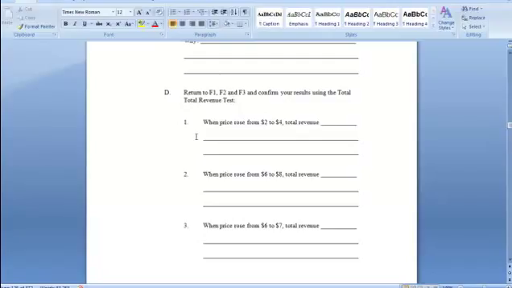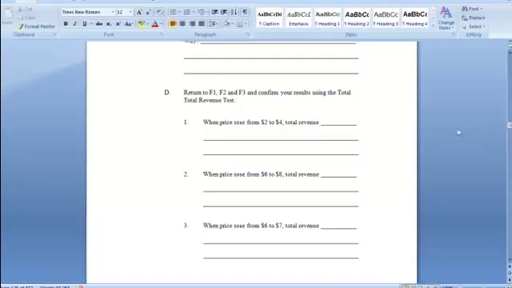We did the first calculation, and for between $2 and $4, price elasticity of demand was equal to 0.30, inelastic. So if the demand is inelastic, that means that when the price rises from $2 to $4, the total revenue should also rise. So the question is, did it?